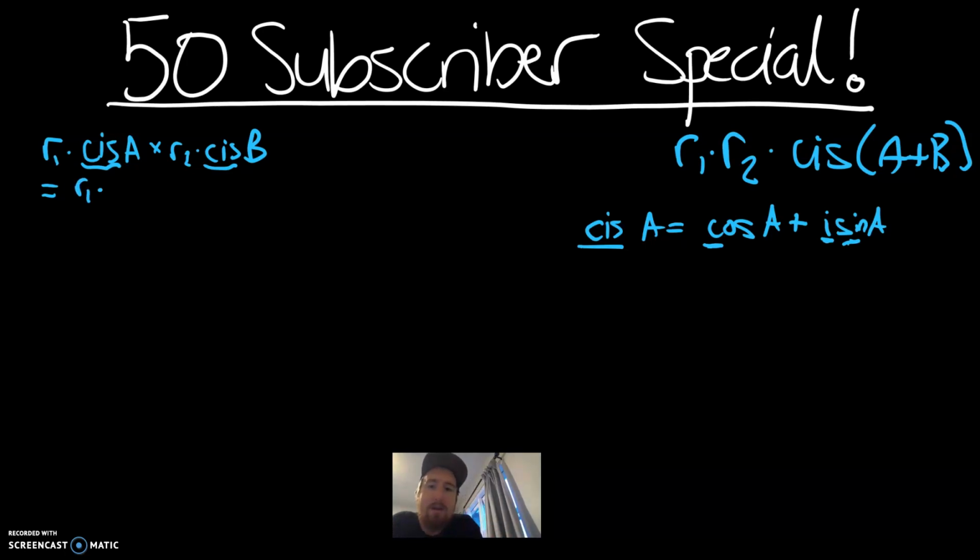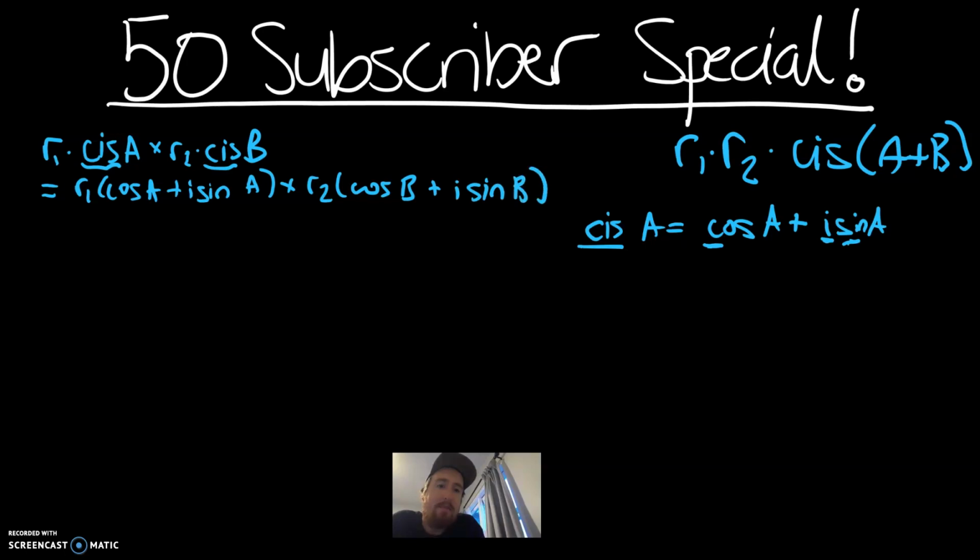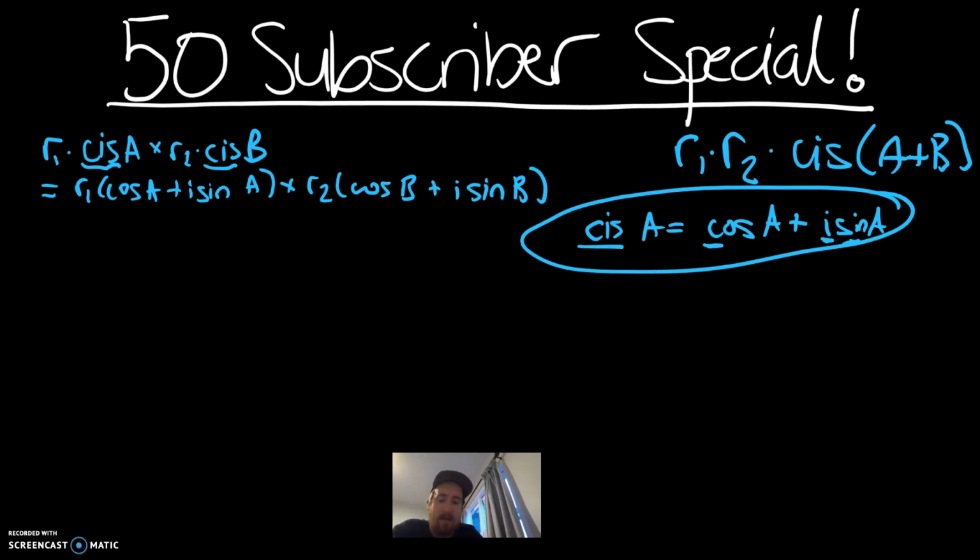That would be R1 times, how about we put that in brackets, R1 times (cos A plus i sine A), and that's going to be times R2, and we're going to change those also to be (cos B plus i sine B). So that's our first step. We've used this little trick and we've changed the form of it.